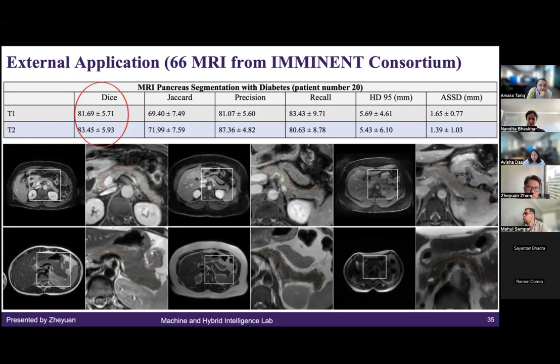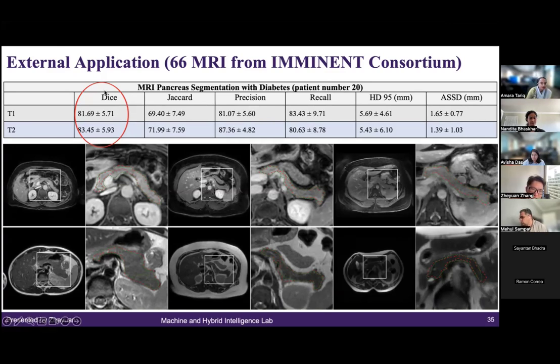Based on this research, we proposed segmentation methods called PanSegNet, which includes the T1 and T2 segmentations for pancreas. Here, one study is conducted on the IMMINENT dataset. It's one dataset that has been widely used, with studies for diabetic cases, and this diabetic case study is very important in the clinical setting. So there are many institutes trying to validate this.